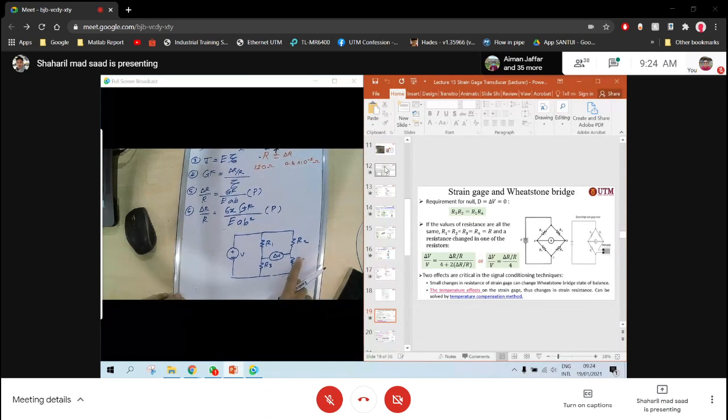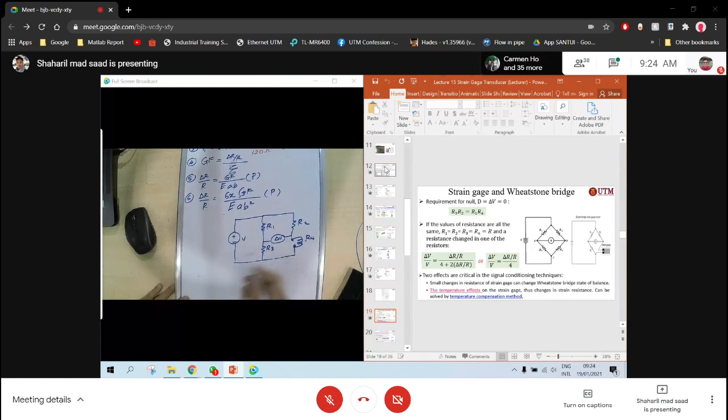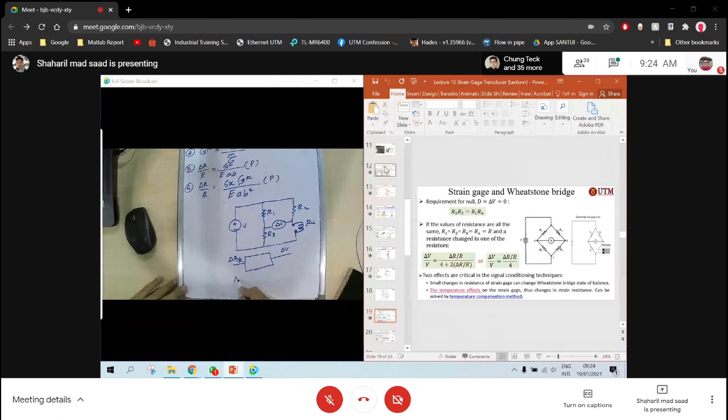What happens is you apply the strain gauge here, so we can put it in R4. This is the strain gauge here. So what is the relationship? Delta V over V is equal to delta R over R divided by 4.